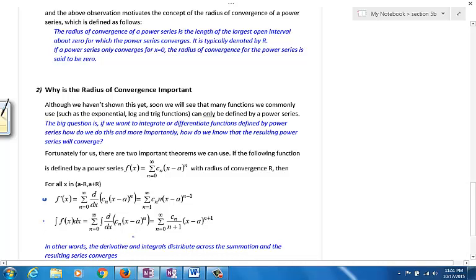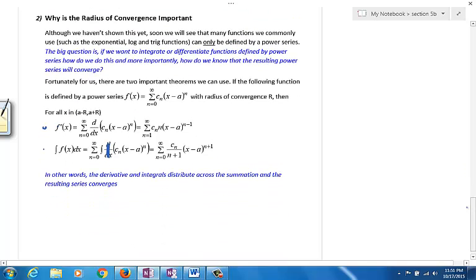When we want to integrate the infinite series corresponding to that function, the integral operator distributes across the infinite summation, and the result that we get is actually the integral of the function. This power series converges to the integral of the function. That's very important to know. That's not a trivial thing. We can't automatically assume that. But if the point is in the radius of convergence, we're automatically guaranteed this.